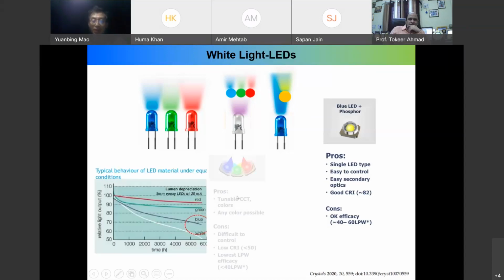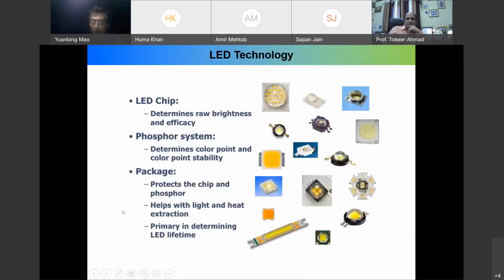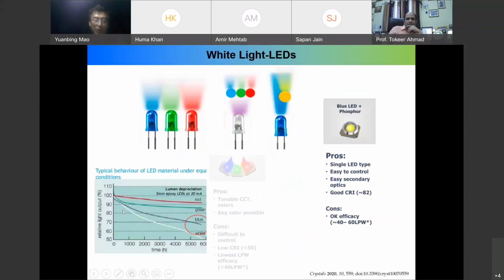And the other problem with this design, especially if we use the three phosphors, is that different phosphors decay differently, and you will see that in this plot.